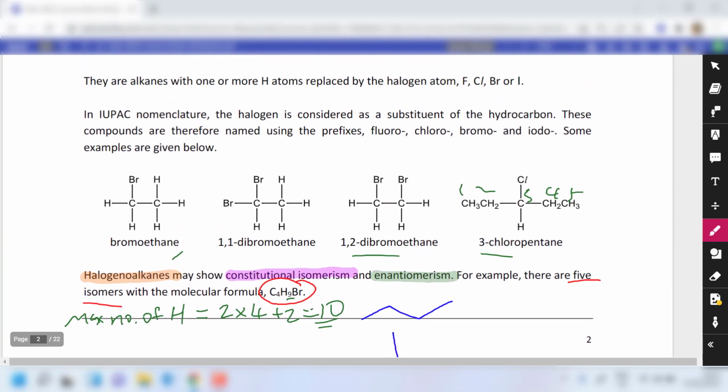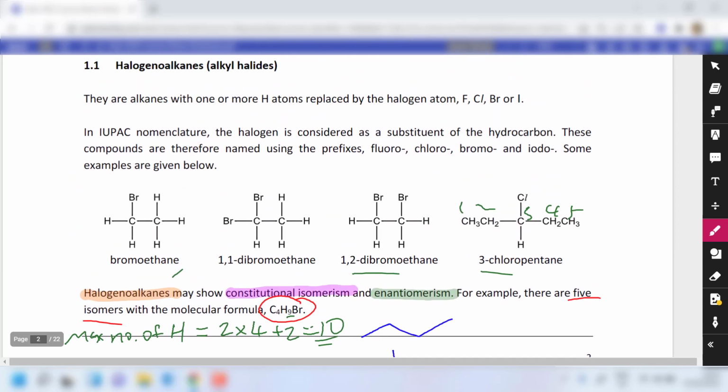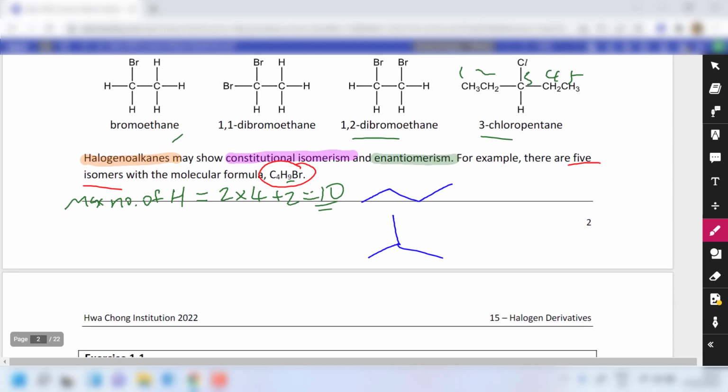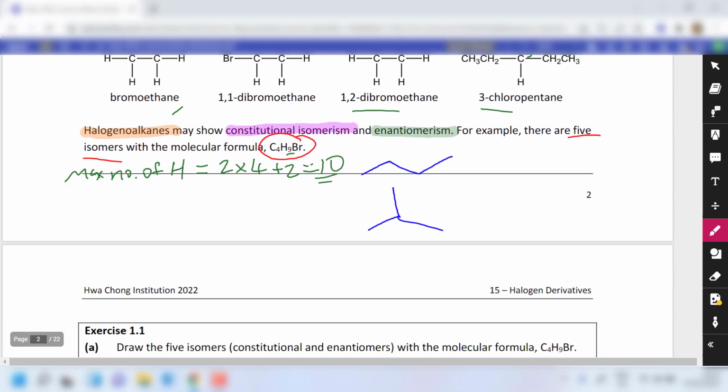Remember, earlier on, we mentioned that halogenoalkanes are alkanes with 1 or more H replaced by halogens. So therefore, we can treat the Br as a H. So this formula can be reduced to C4H10. In this case, when we calculate the degree of unsaturation of the above compound, it's actually 10 minus 10.